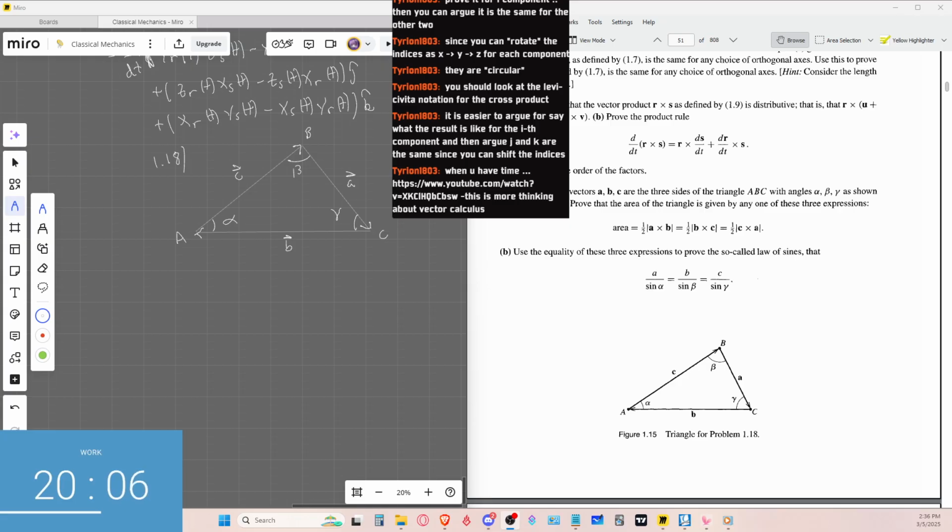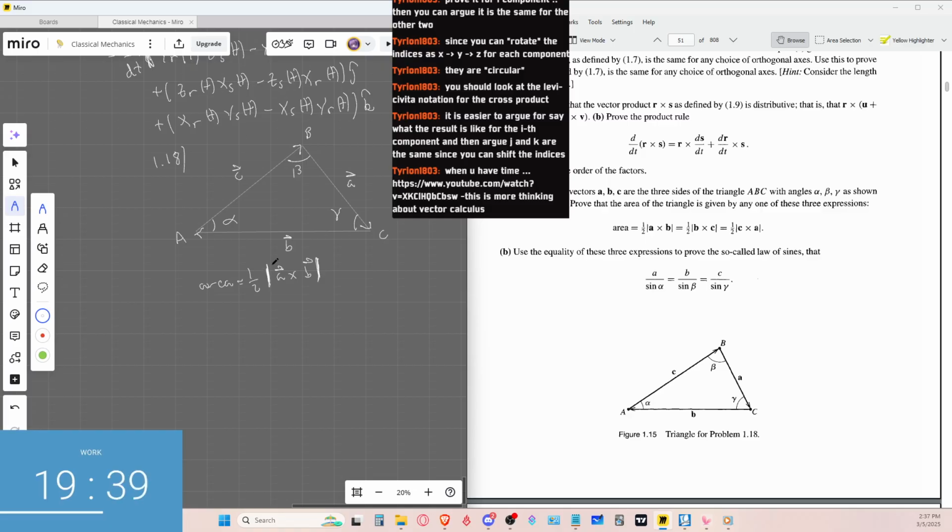Okay. Alright. So we have to prove that the area is one of those. And I forgot to click into my tablet so that we can get some writing done. Not parentheses.